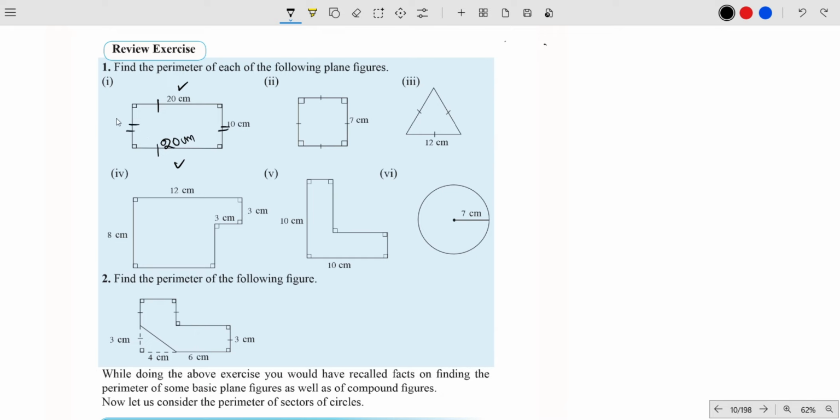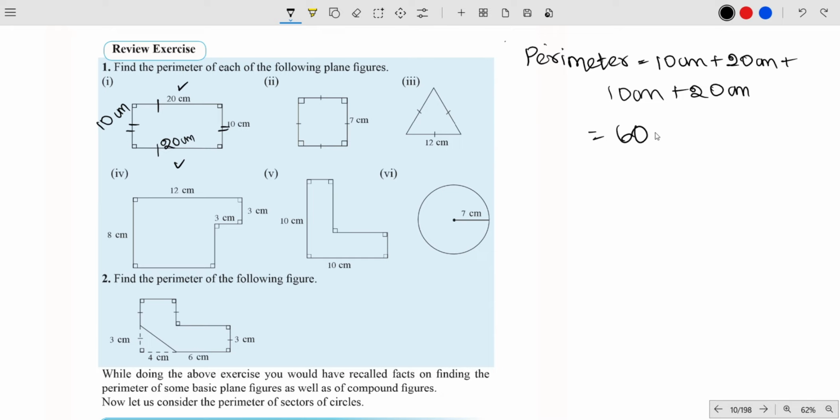So this one is also 10 centimeters. So perimeter is equal to 10 centimeters plus 20 centimeters plus 10 centimeters plus 20 centimeters. So the total answer will be 60 centimeters. So this is how we find the perimeter for the first question.